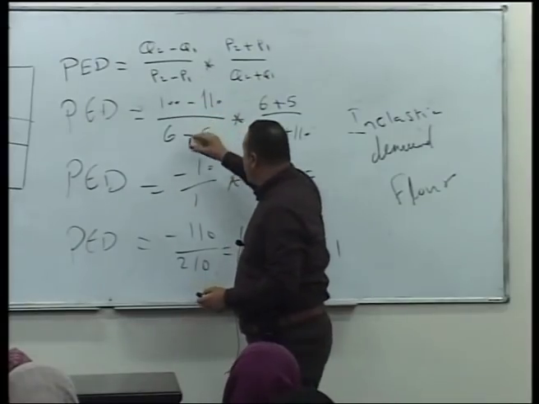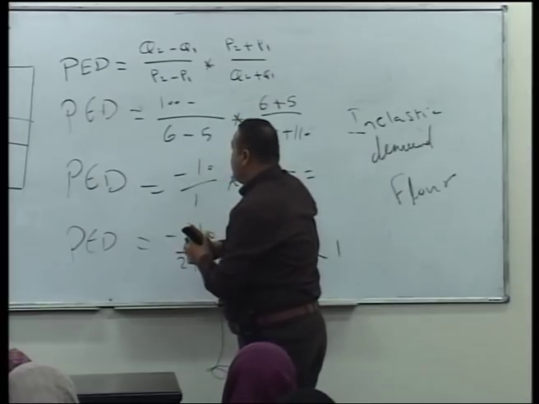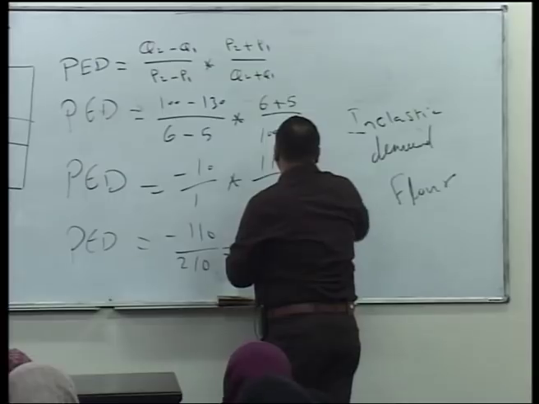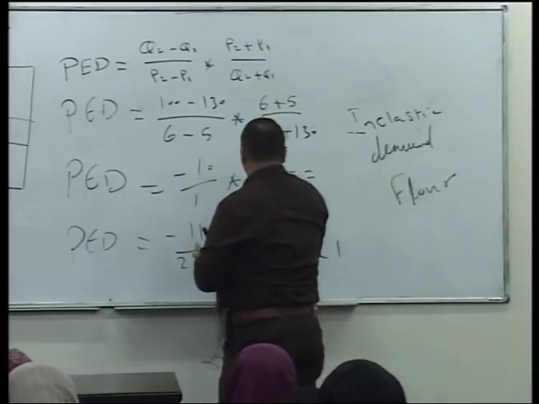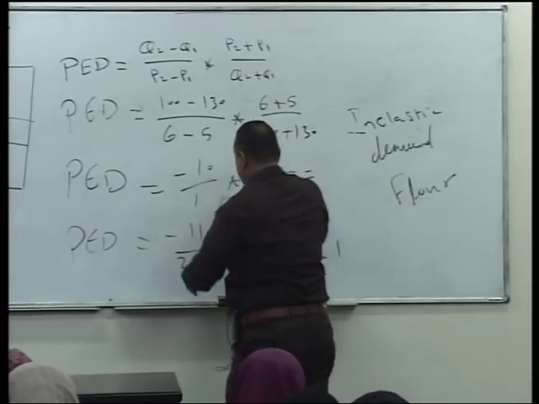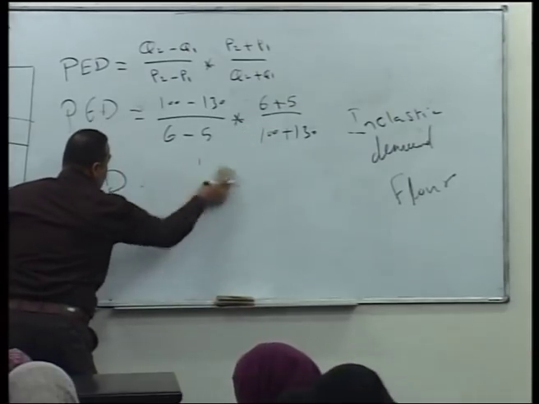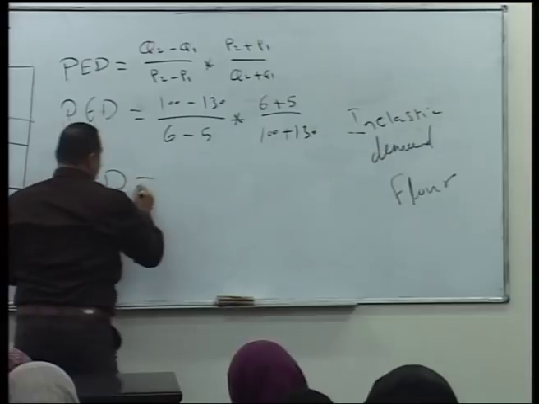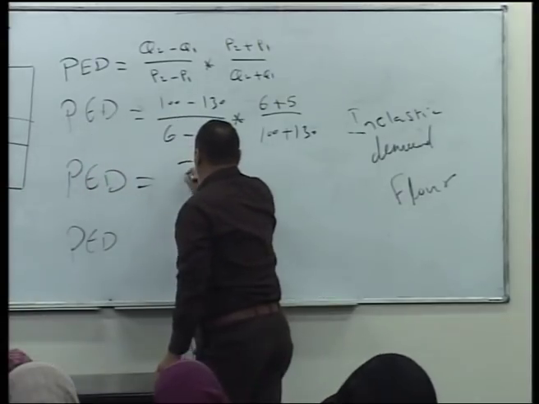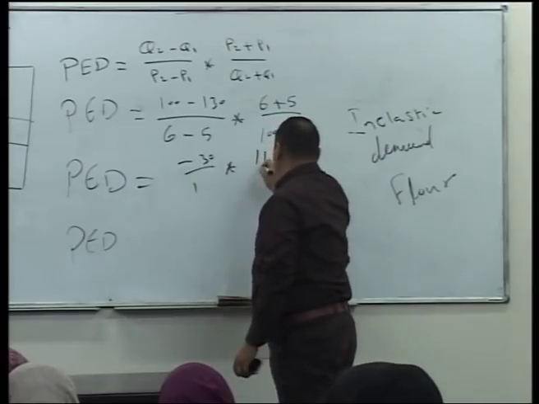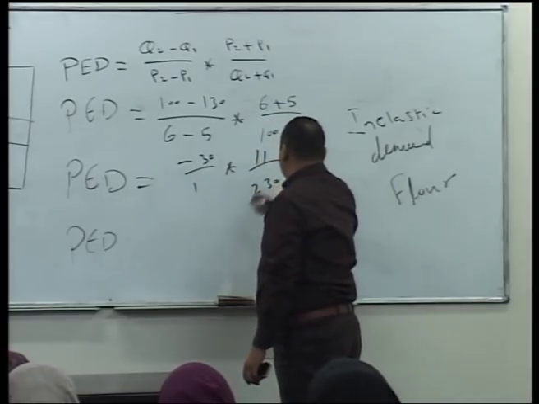So let's calculate the price elasticity of demand. The same formula here, instead of 110, 130. How much is it here? Minus 30. So PED here equals minus 30 over 1 times 11 over 230.